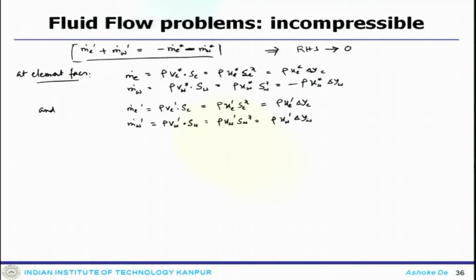Now, where S x for the east face is delta y E, and S W x is minus delta y W, which is used because we are in a one dimensional stencil.